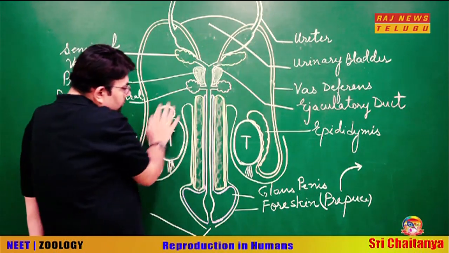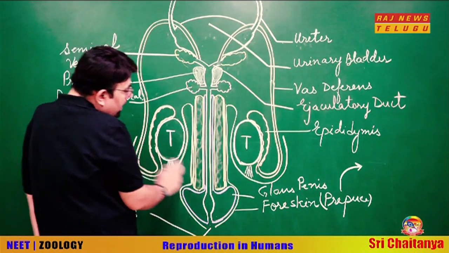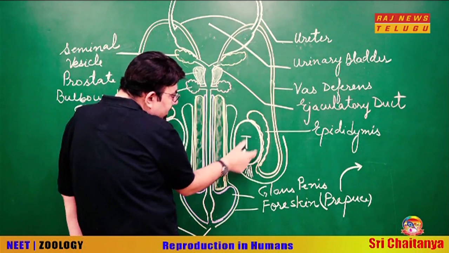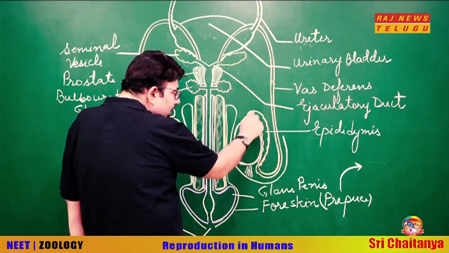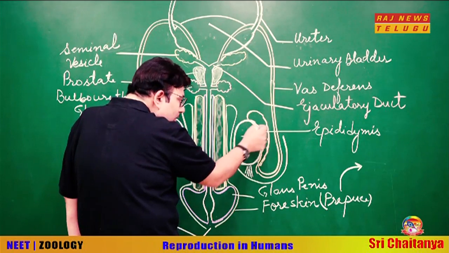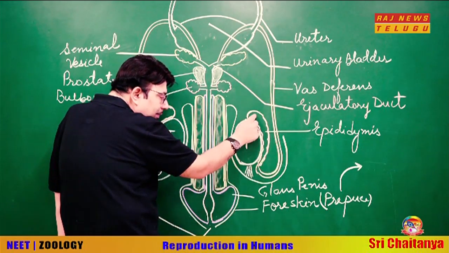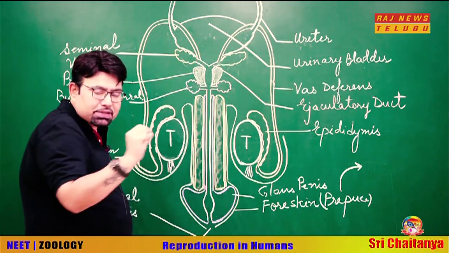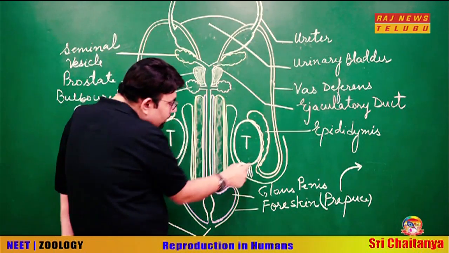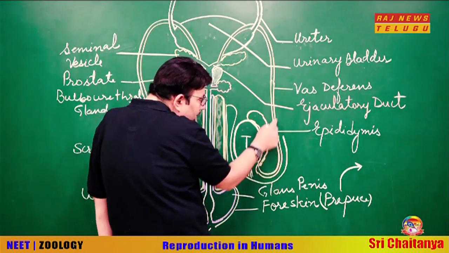Now, let us come to this system. We have done these are the testes, and to the posterior side of the testes, these are highly coiled tubules called epididymis, caput epididymis, then corpus epididymis and cauda epididymis. And you can recall from the cauda epididymis what starts?